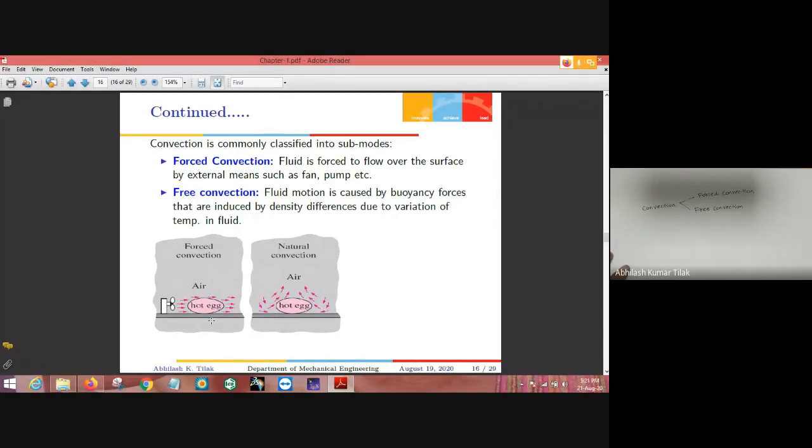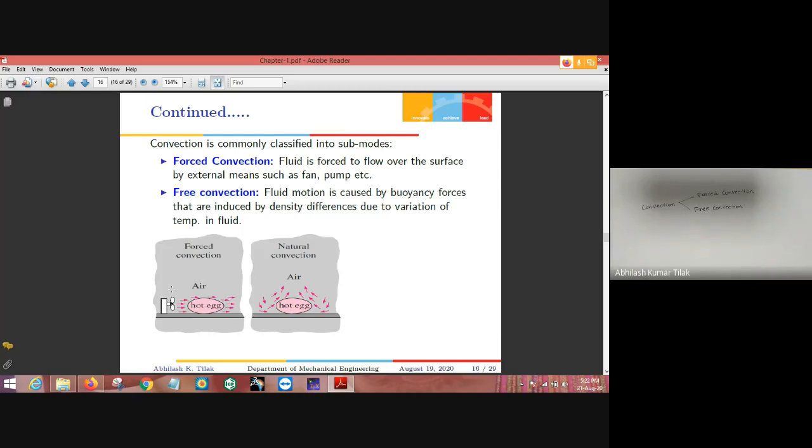There is a hot egg, and it is having a very high temperature of the outer surface. So let us consider that we have placed a fan here. It is blowing the wind over this hot egg. So you will find that it will take a lesser amount of time for this hot egg to cool to the ambient temperature. While if you place a hot egg just in the environment, it will take a longer period of time to cool.